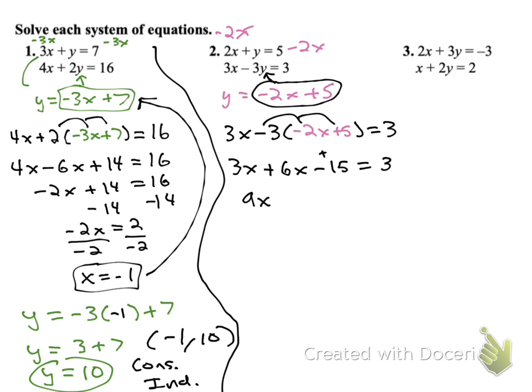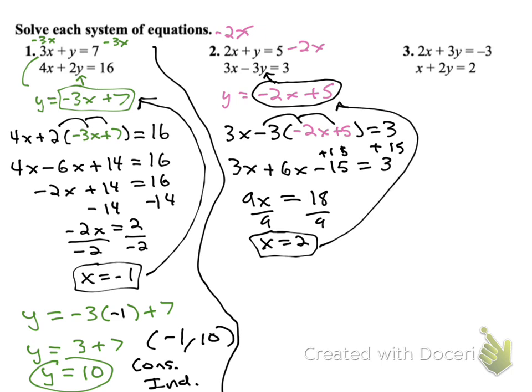Combine like terms. 9x. And then if you add 15 to the right, 9x equals 18. Divide by 9. x equals 2. Again here, when you plug in, I would plug it into the pink equation where we've isolated the y, because it's less steps.